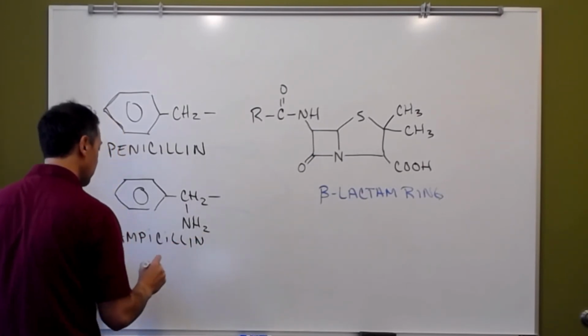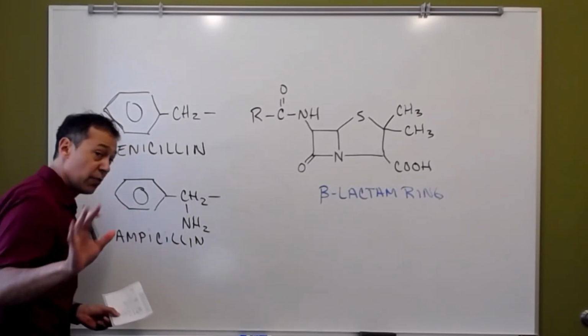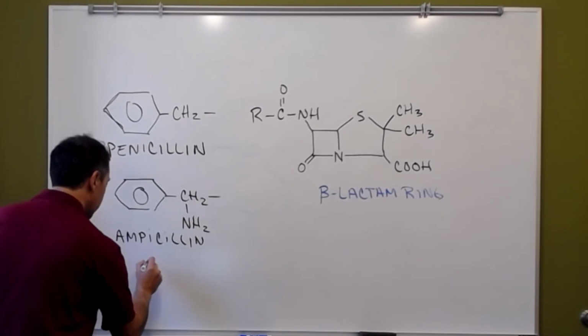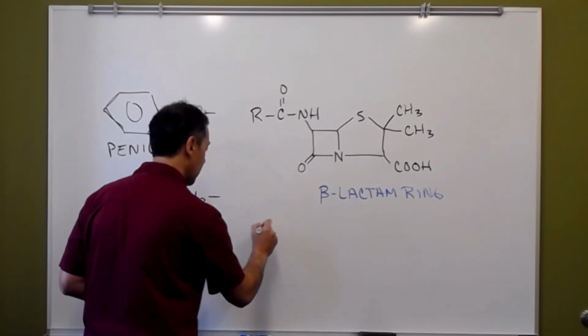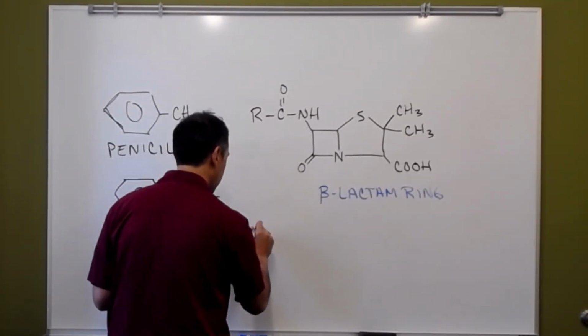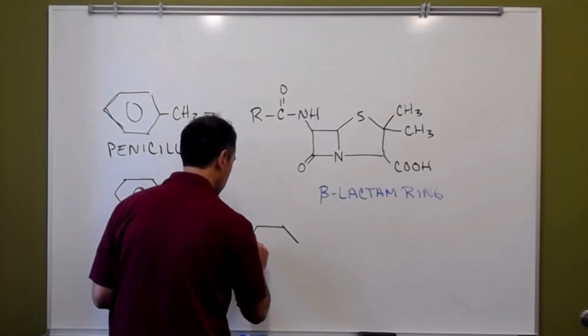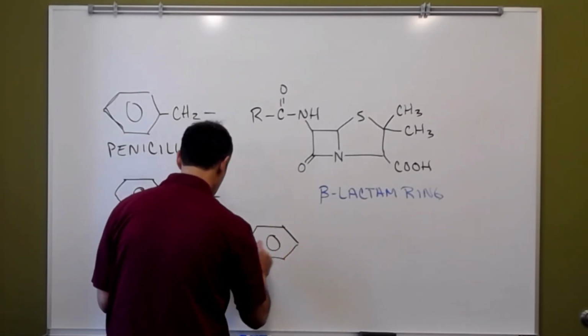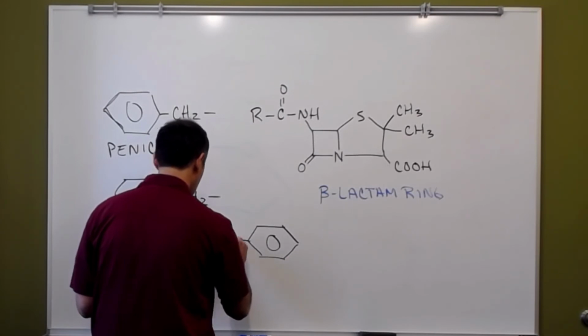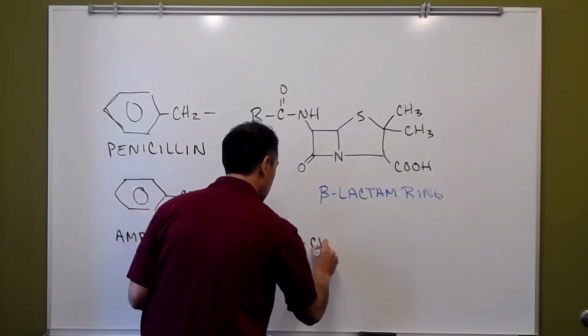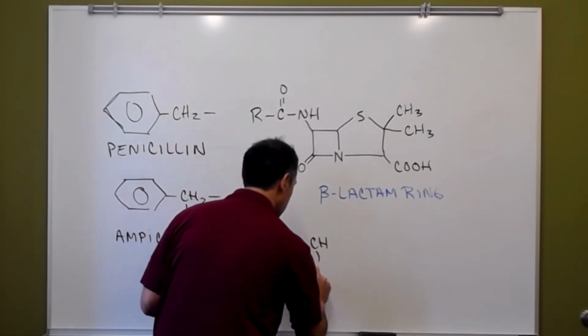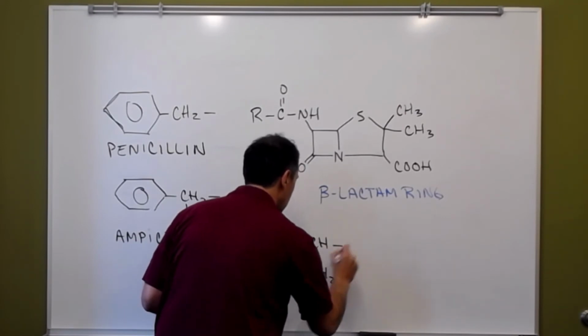And then one here that you might be familiar with: I'm going to put my benzene ring here like this, and put an OH there, and then a CH, and then an NH2 like that.